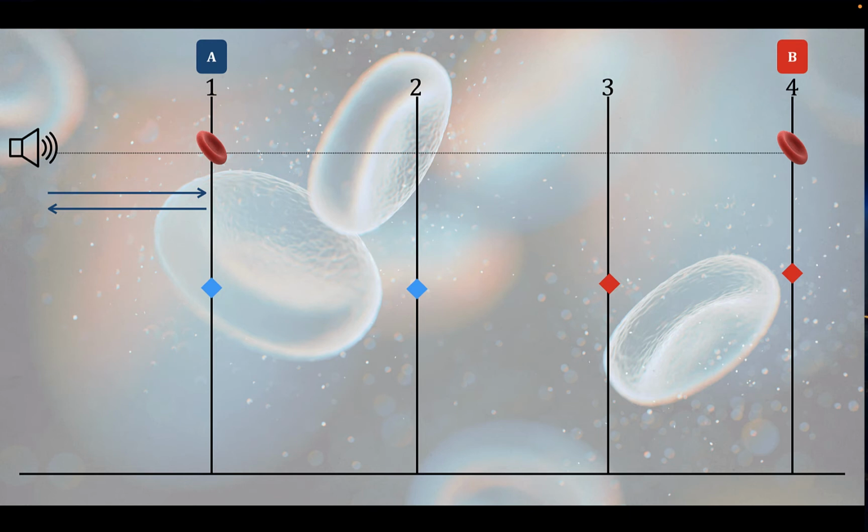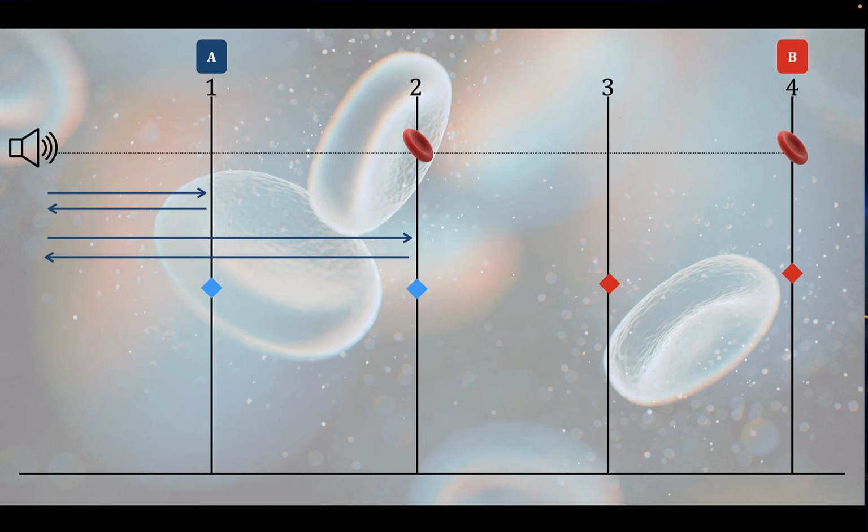Now, RBC A travels from location 1 to location 2. Another pulse is sent out to location 2 and establishes the distance and the time it takes to travel to location 2. Now, the go-return time for pulse 1 from position 1 to position 2 is longer for RBC A.